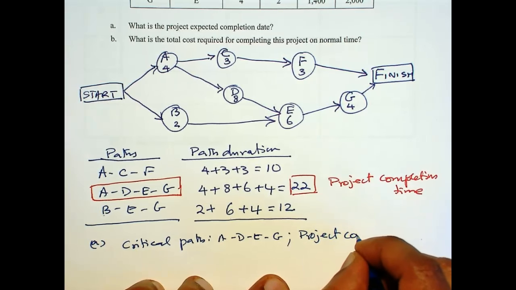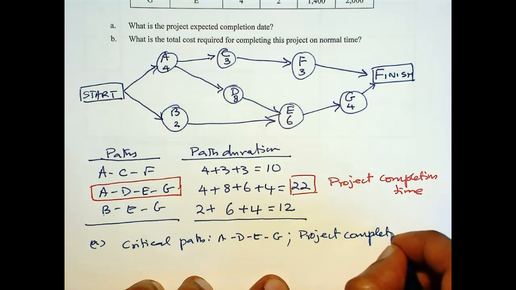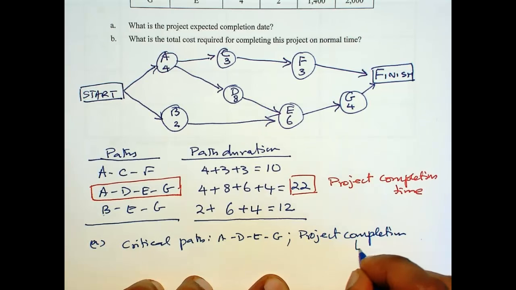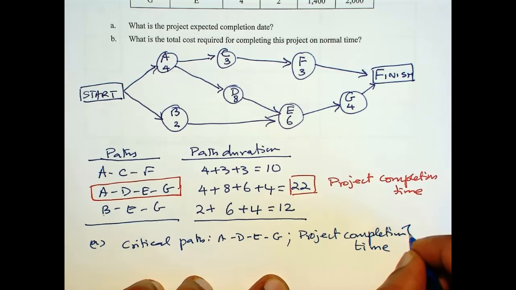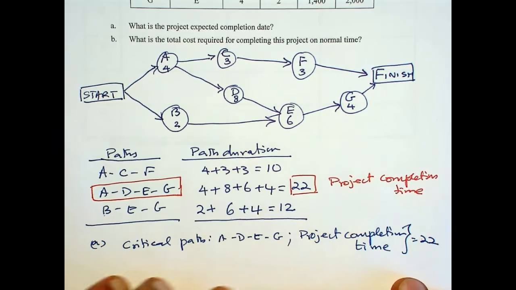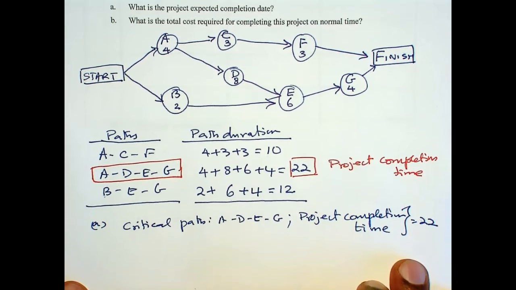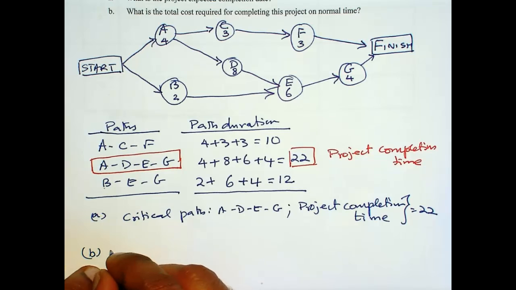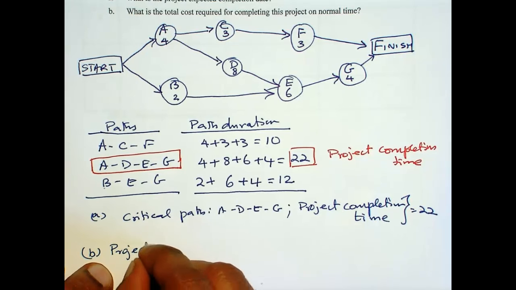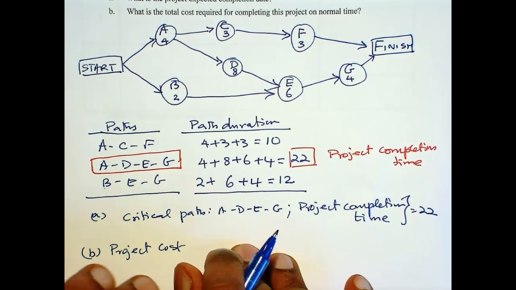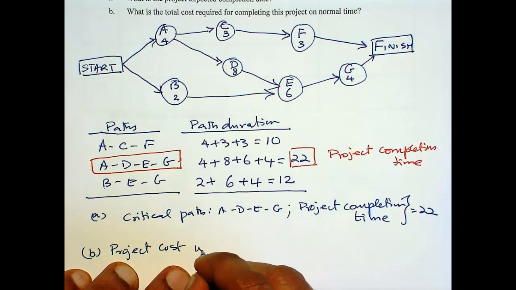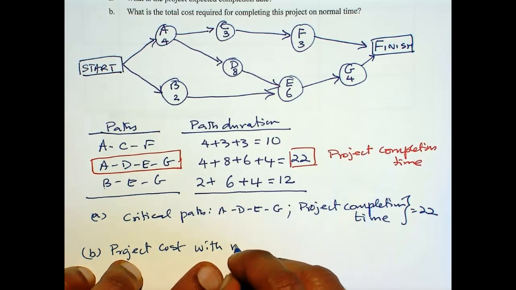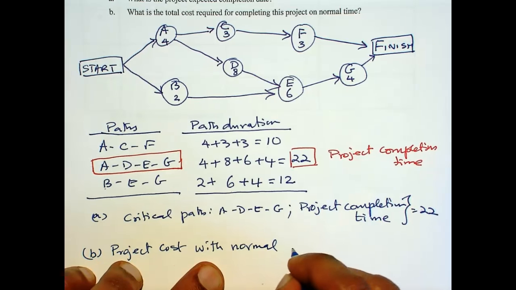Now the normal cost, project cost with normal time, is, okay, we need to sum this column, which is 12,300.